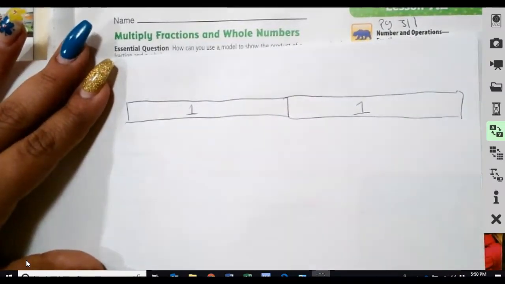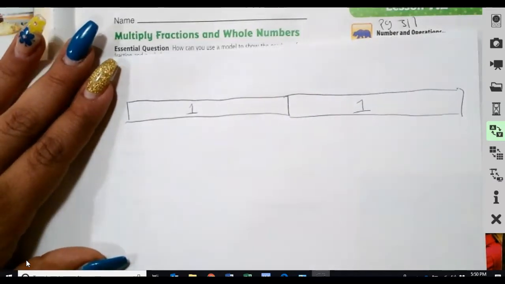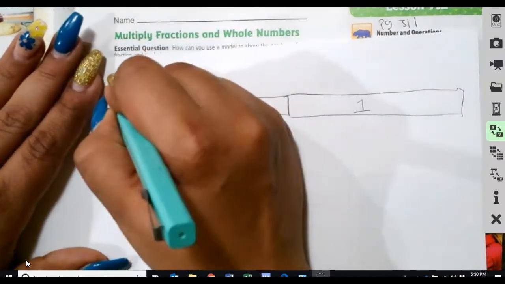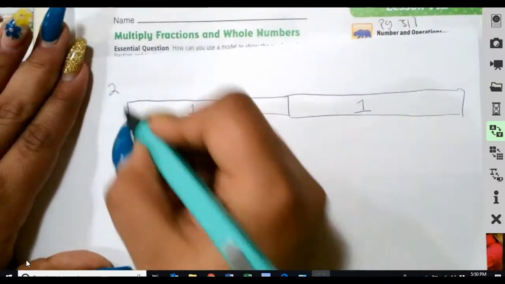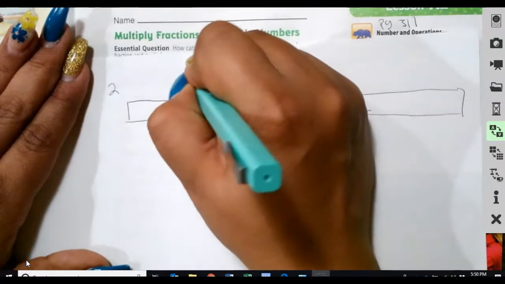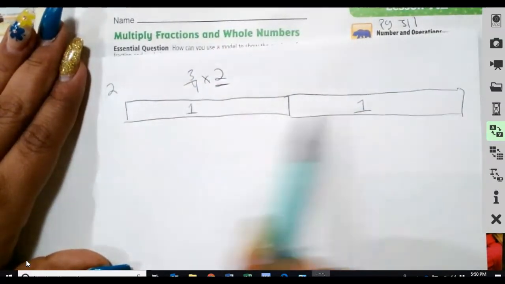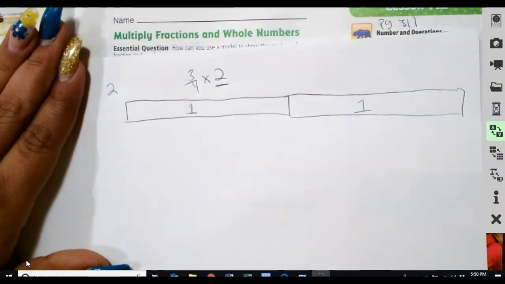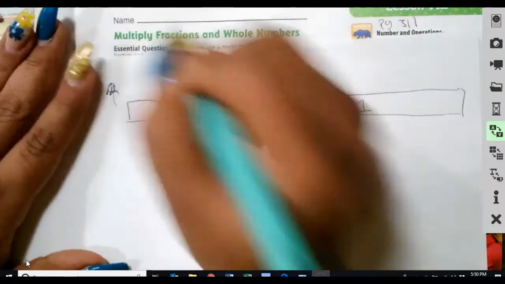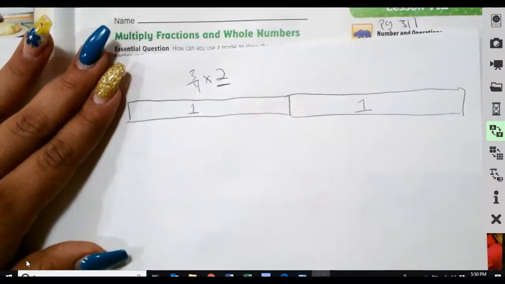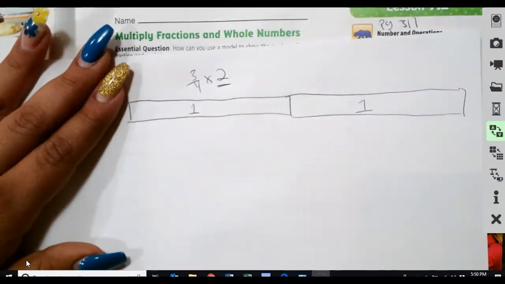Okay, see, so we have 2 fraction strips here, and we're putting them side by side to represent the whole number. Okay, and we're putting 2 because the problem is 3/4 times 2. So this is my whole number, 1, 2. Okay, does that make sense? I hope so. So we're multiplying 3/4 times 2, and we have 2 fraction strips to represent the number 2.